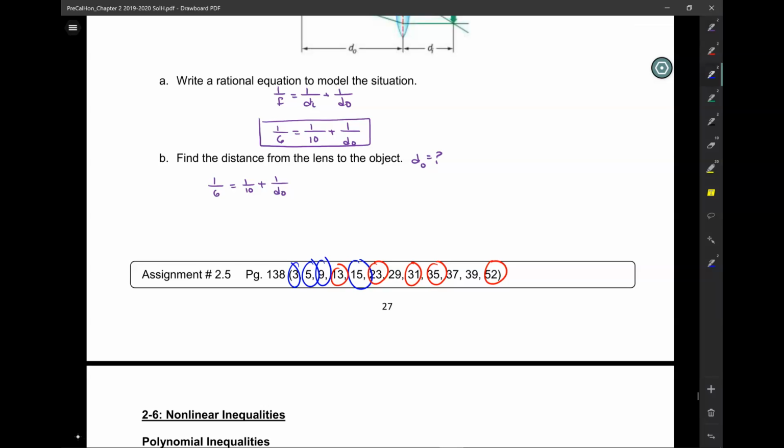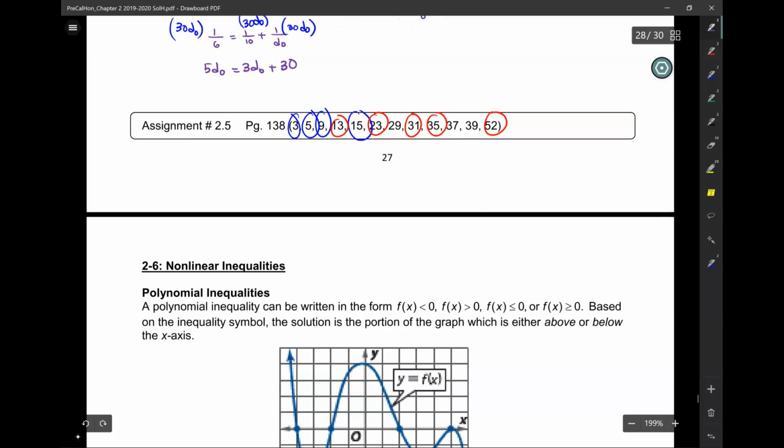Or there's a smaller one, 30DO. It looks kind of weird. Okay. So now, here I get 5DO equal to 3DO plus 30. It's kind of unfortunate with all the 3's and the circles and the O's.